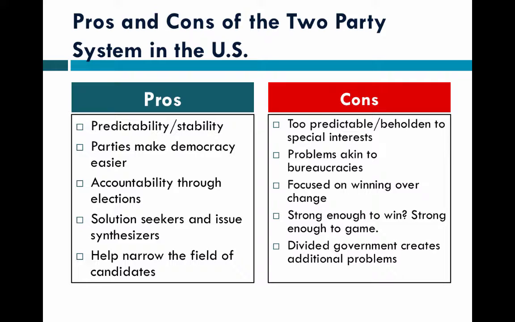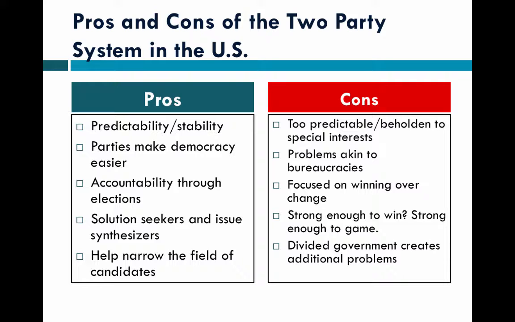It's predictable and stable. We know how things are going to work, we know the players involved, and we know the timeline for certain decisions. Generally, parties make democracy easier by sorting through the myriad of issues and candidates that would otherwise be present. They are accountable through elections.